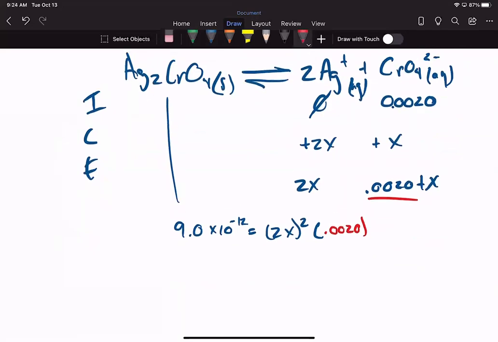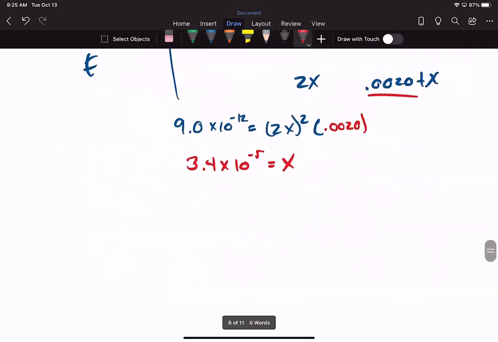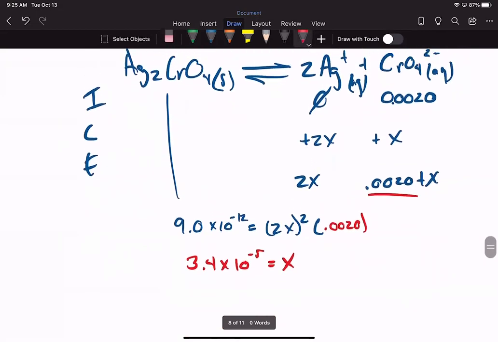Then x comes out to 3.4 times 10 to the minus 5. So now I have a value for x.